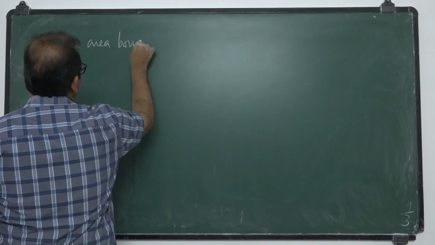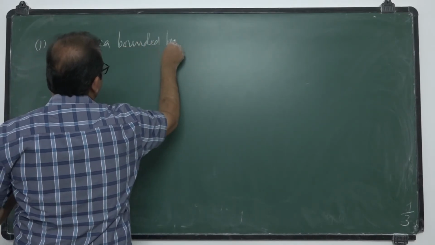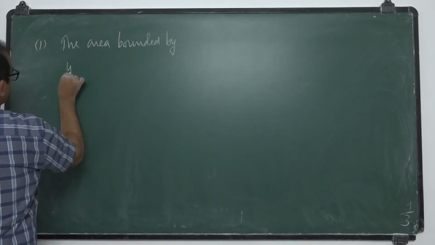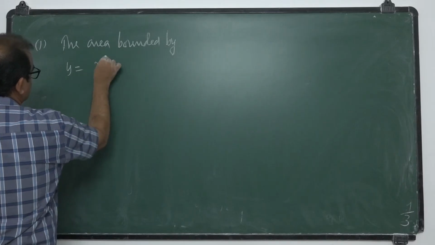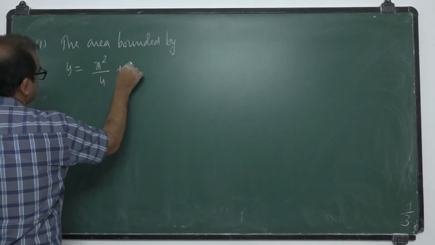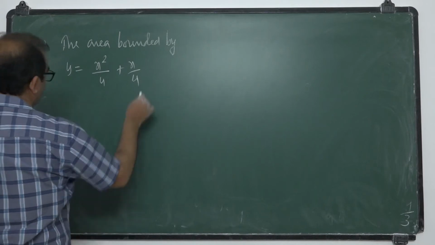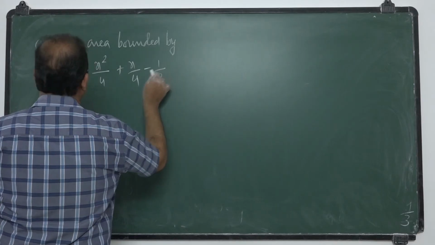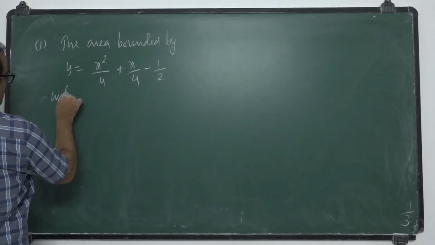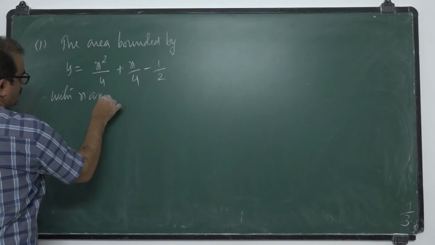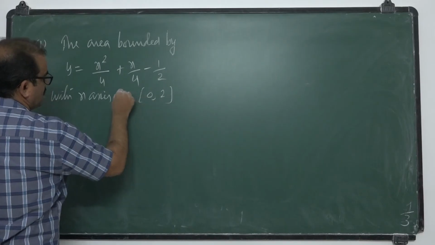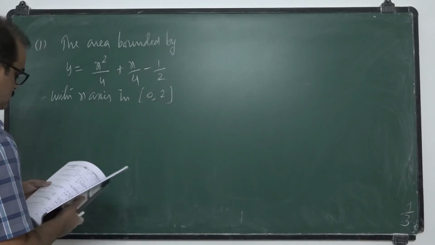The area bounded by the curve y is equal to x square by 4 plus x by 4 minus 1 by 2 with the x-axis in the interval 0 comma 2.